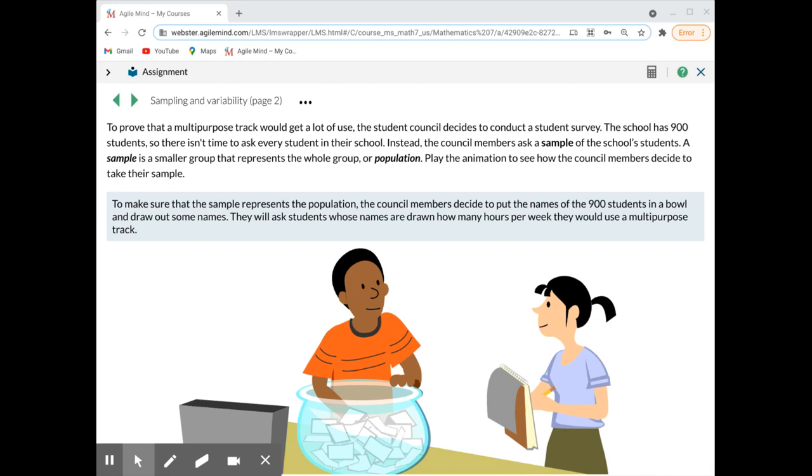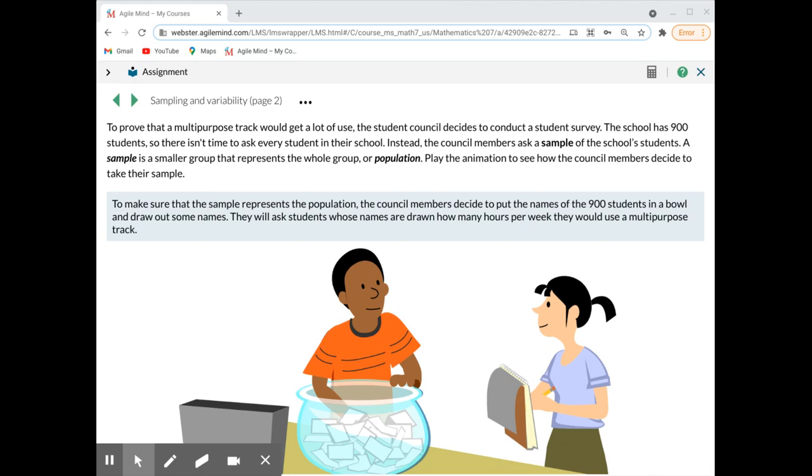All right. What was a convenience sample? Like when we were looking at the Hillcrest Middle School survey, what was the convenience sample? The first 50 students who came to school. That's right. So what was a biased sample? The English class.